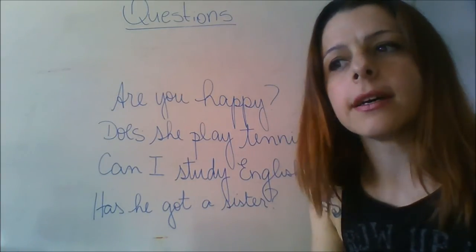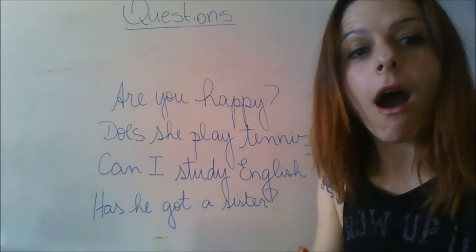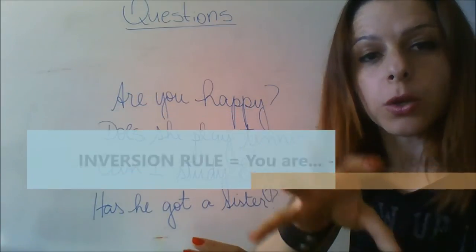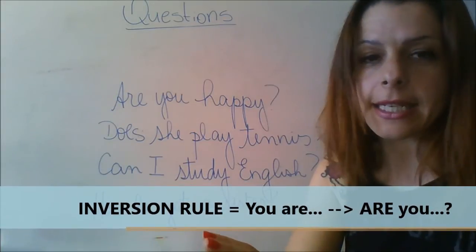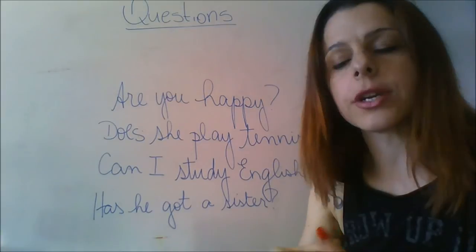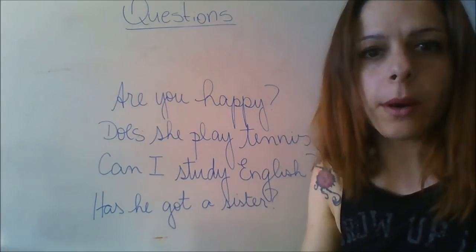So you see, the affirmative form would be you are happy. So here I use the inversion rule. I put verb to be in the beginning of the sentence, like are you happy? Okay, the answer is obviously yes, I'm happy, or no, I'm not.